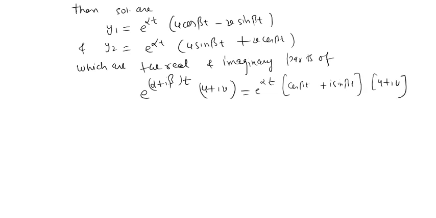Its real part will give you y1 and imaginary part will give you y2. In that way you can compute solutions if your system has complex eigenvalue, and it is easy to verify that y1 and y2 are linearly independent solutions of the system y dash equal to A y.